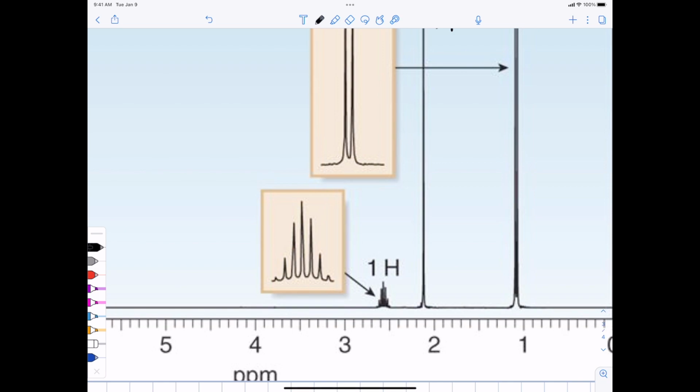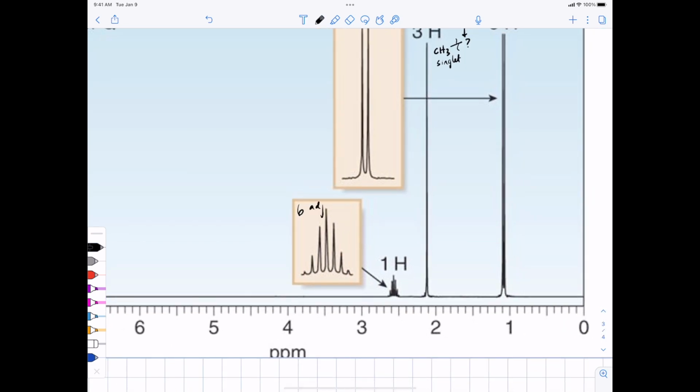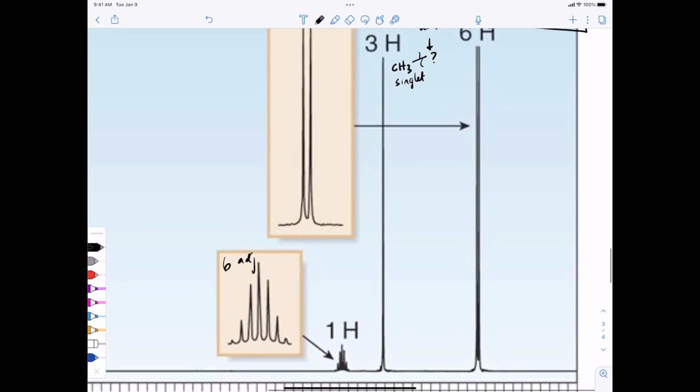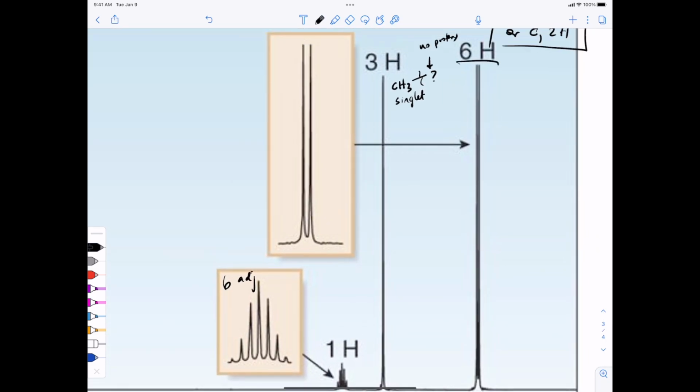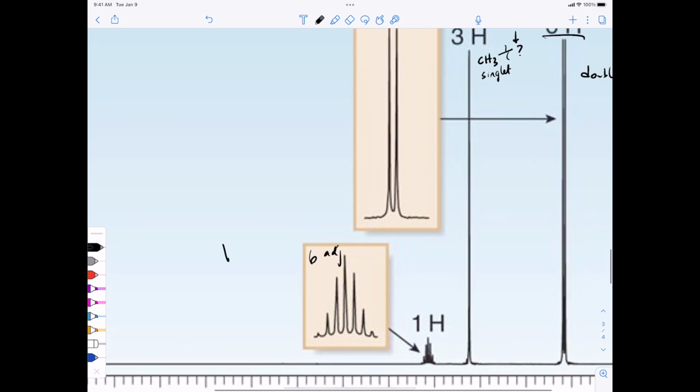How many adjacent protons should be there? A good guess is 6. The reason we're guessing that is because we happen to have over here a 6-proton signal that is, in this case, a 1-to-1 doublet. So, this is a single proton adjacent to who knows what, but whatever there are 6 protons.